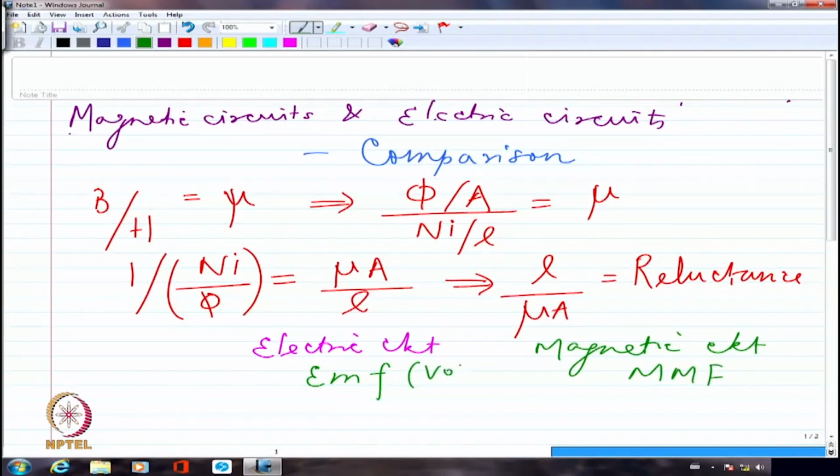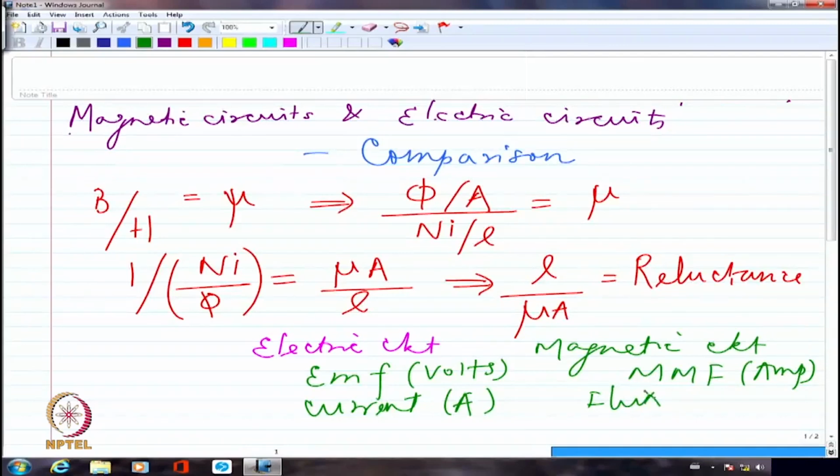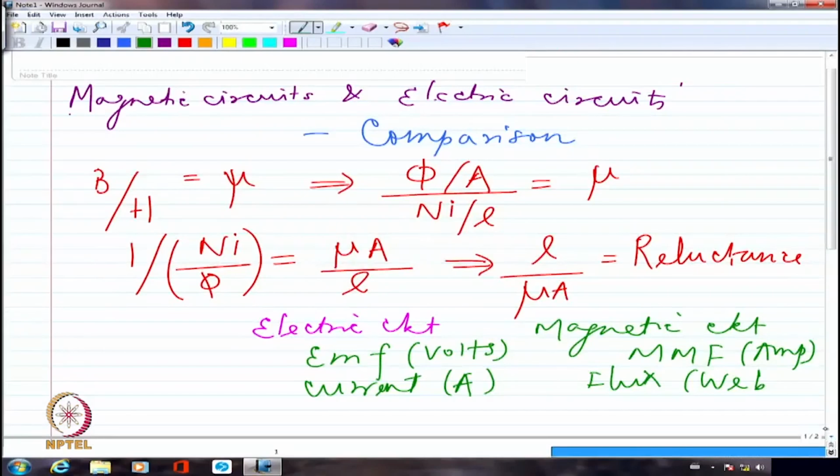This will be volts, whereas this will be in ampere turns, but I'm going to write that as amperes. Similarly, here current in amperes, and here flux, which will be in Webers.